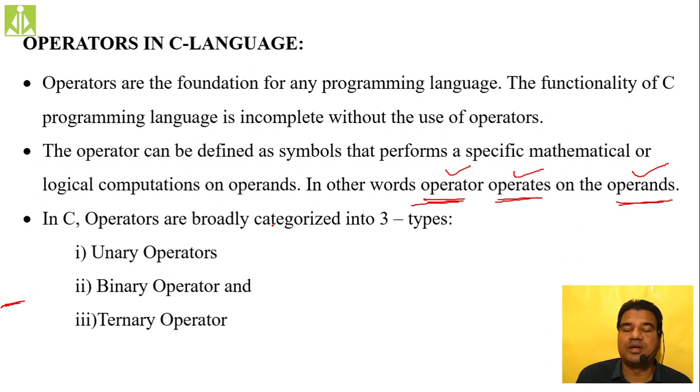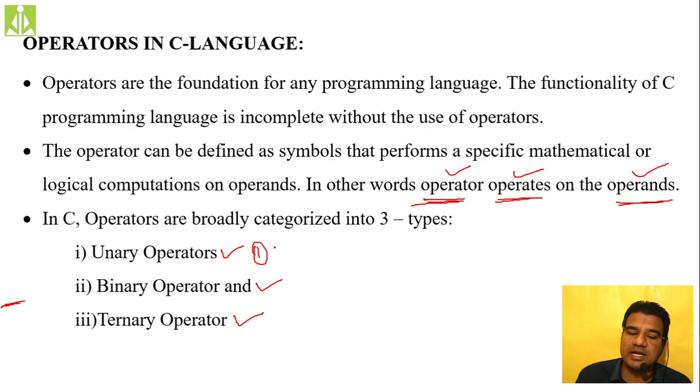Likewise we have the unary operator, which requires only one operand, binary operators, which require two operands, and ternary operators, which require three operands. Only the number of operands differs here.